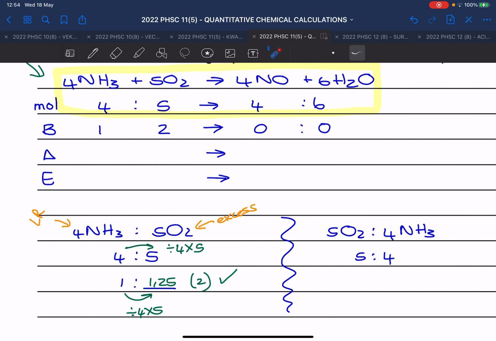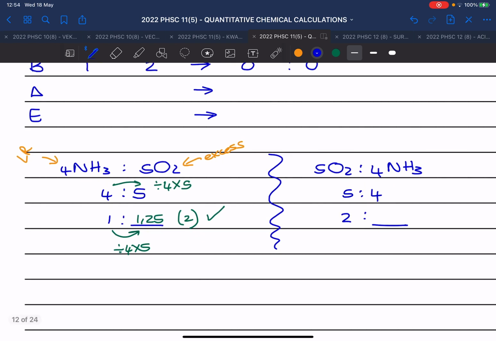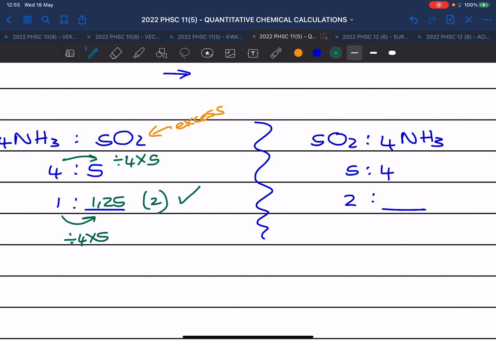I only have 2. So I'm going to fill that 2 in there. I'm going to say, right, 2. If I use the 2, how much of that will I need? Okay, so I'm going to check again. What do I do from the left to the right? Here, I'm going to divide by 5 times 4. Divide by 5 times 4. Yes, Bongani.